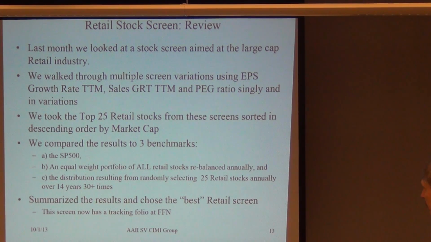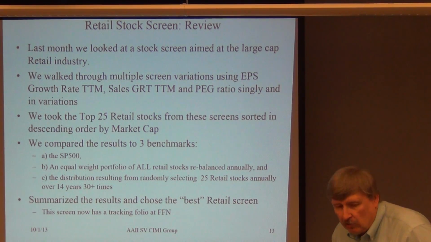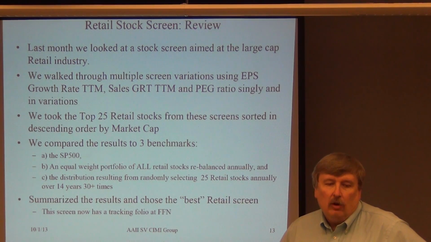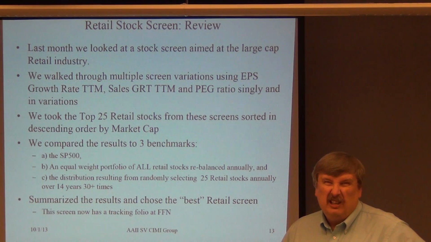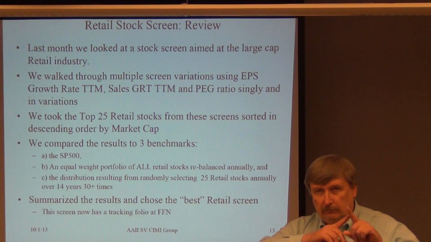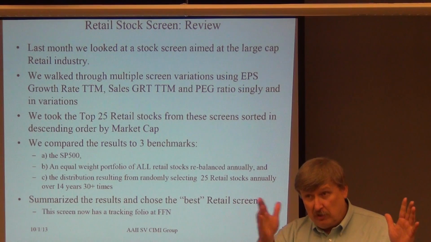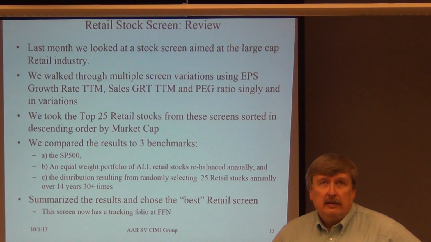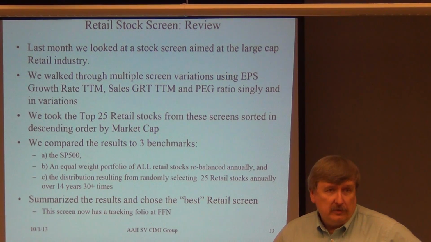And then a little bit different approach than what John did. To gather some statistics to get a feel of where my screen is in terms of the bell curve, I simulated 30 random portfolios.